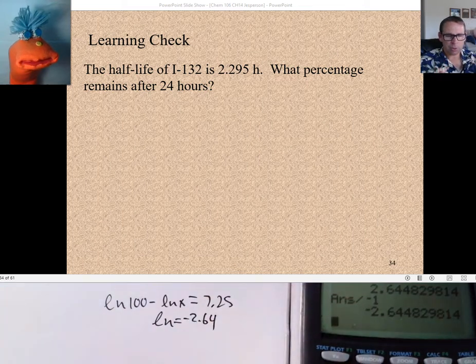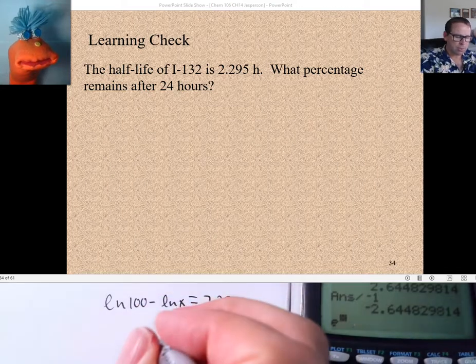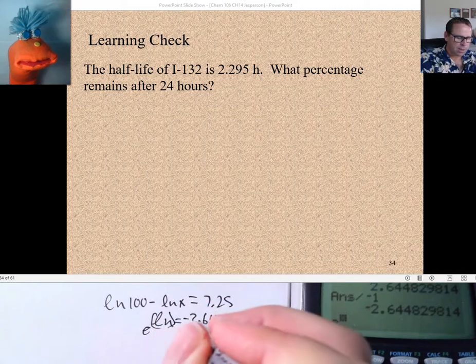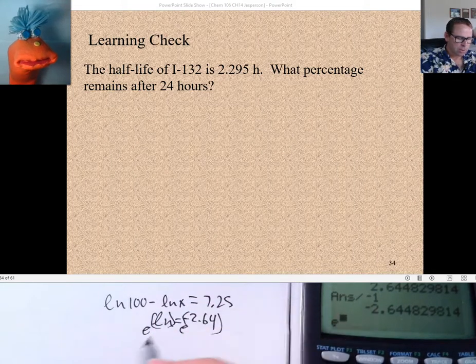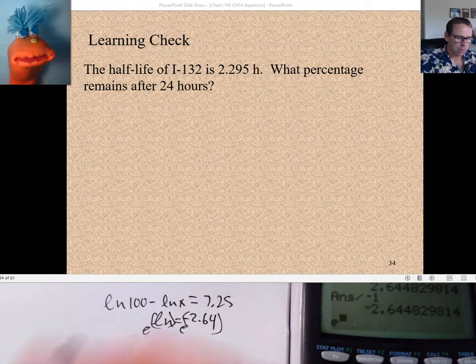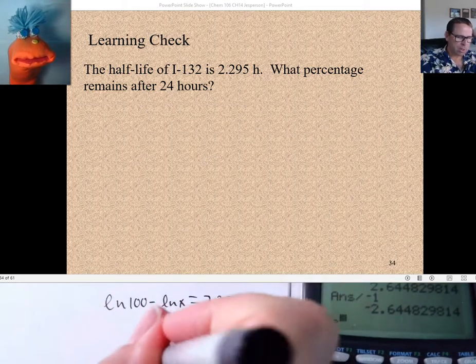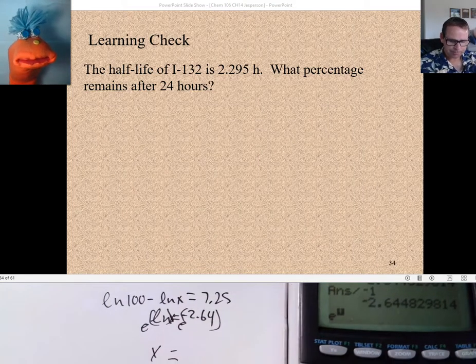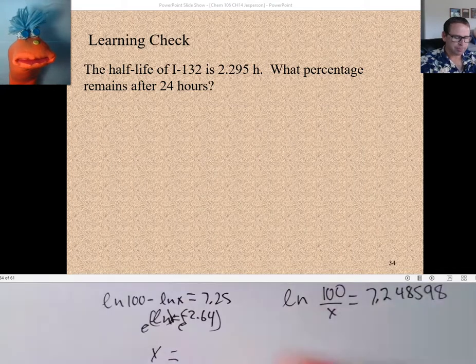And then I'm going to raise e to both of these values. e to the natural log of x will equal x. There we go. And e to the -2.64 equals 0.071.